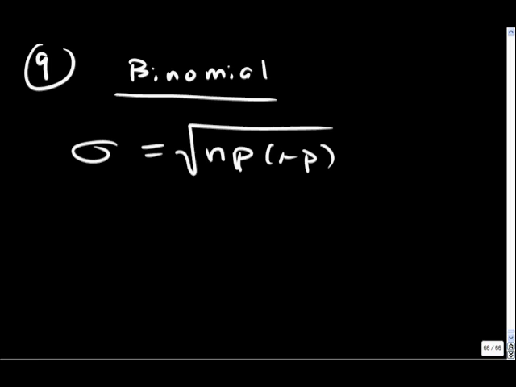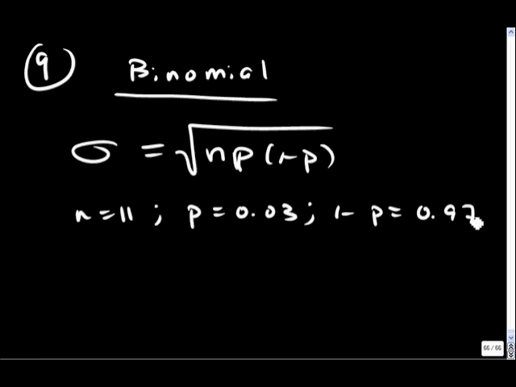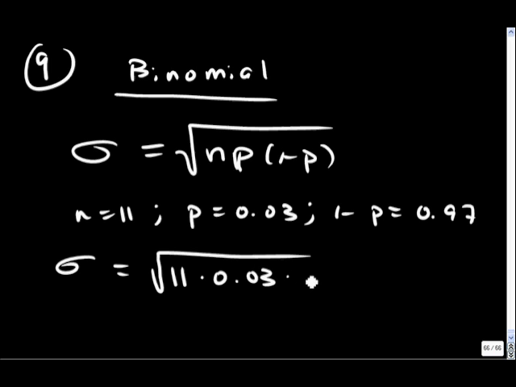So N is 11. A 3% rate of defect. So P is 0.03. Now the complement of P will be 0.97. So the standard deviation is found by taking the square root of 11 times 0.03 times 0.97.